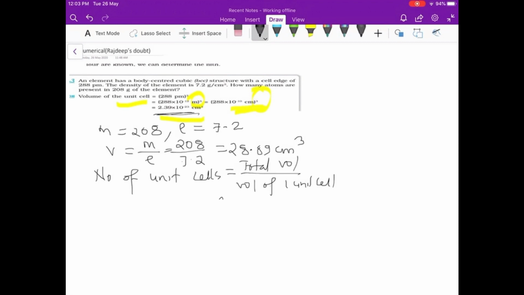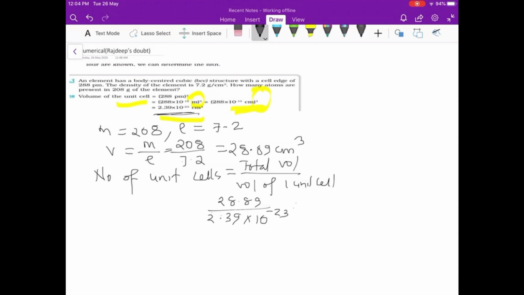The total volume is 28.89 centimeter cube, and the volume calculated earlier, as you can see on the top, is 2.39 into 10 to the power minus 23.